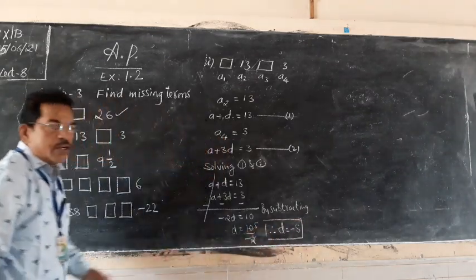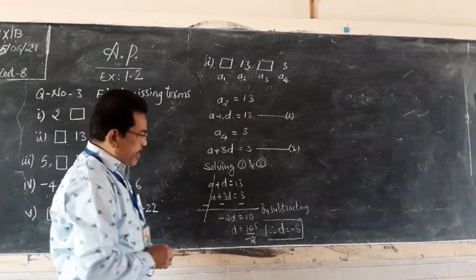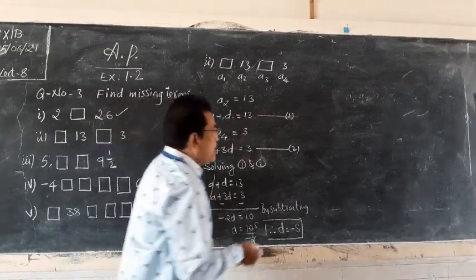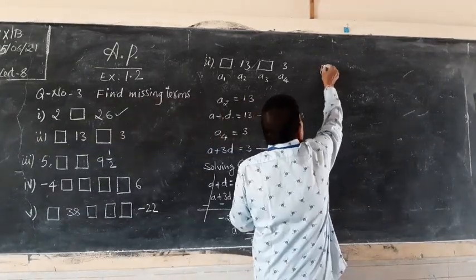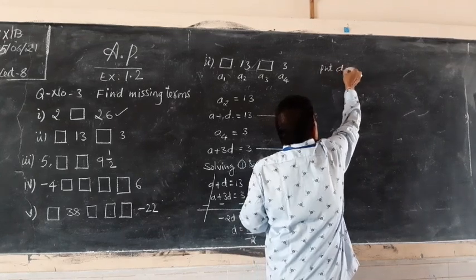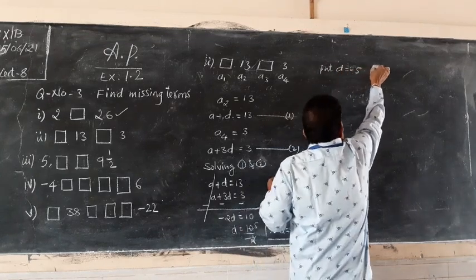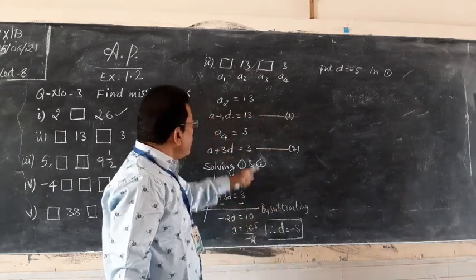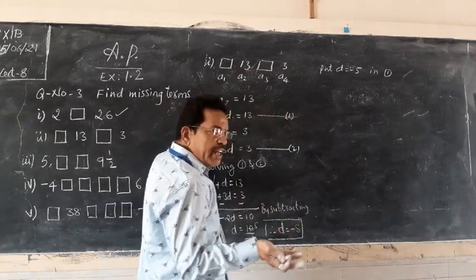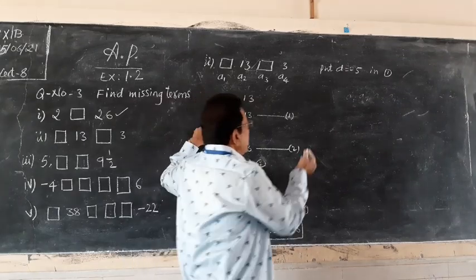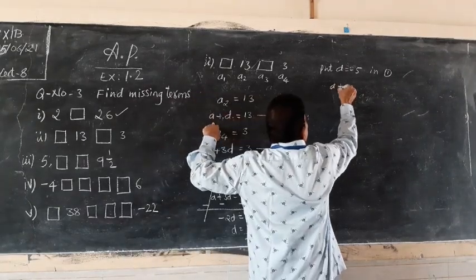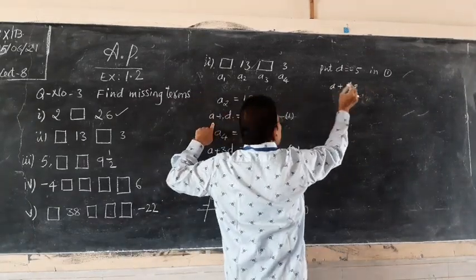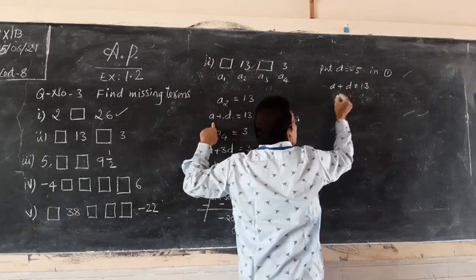d equals minus 5. Then substitute d equals minus 5 in equation 1. Let us substitute this value in equation 1, or you can take equation 2 also. a plus d equals 13.